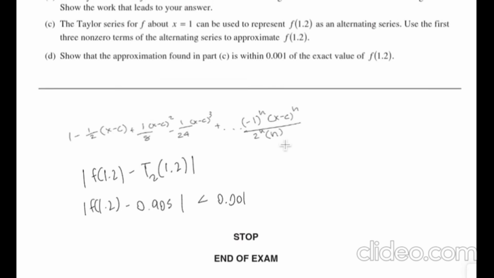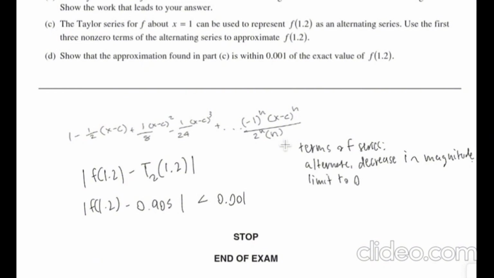So they alternate. They decrease in magnitude. So we can see that it's slowly becoming less and less of a change in magnitude. And they also must limit to 0. So since all of that is met, we can use this.